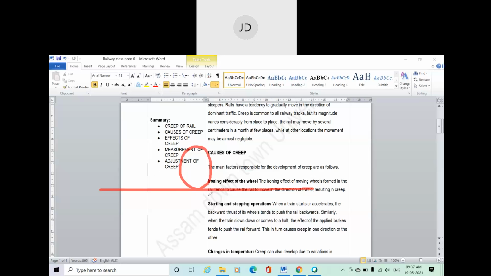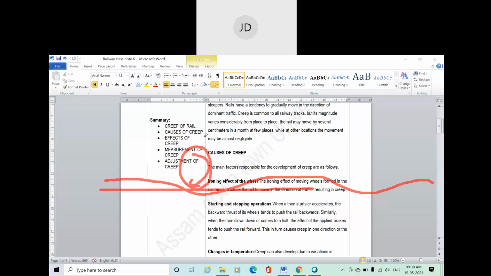At any particular instant of time, the wave action can be understood by this. So whenever the wheel moves along the rail, it creates this kind of wave along the rail. Okay, like that. This wheel is moving along in this direction.